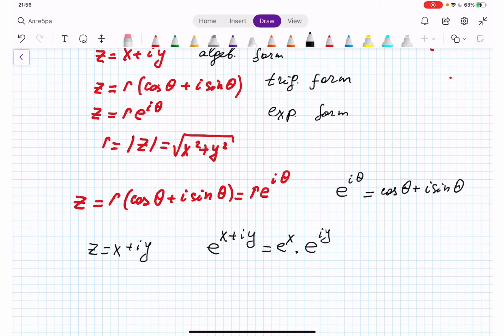And we can use this equation only when we have e to power z complex number.